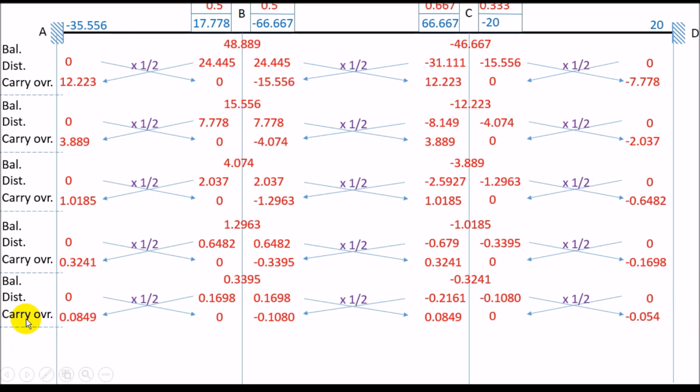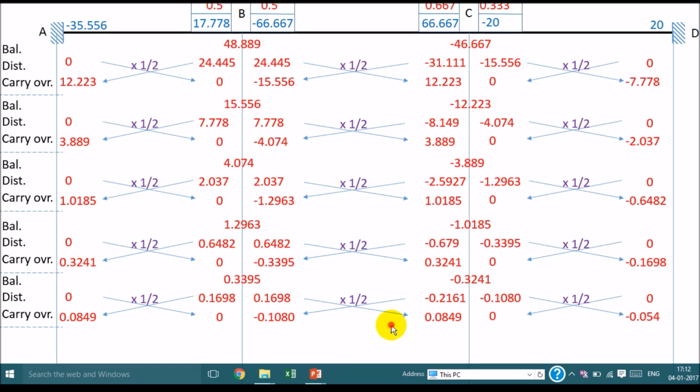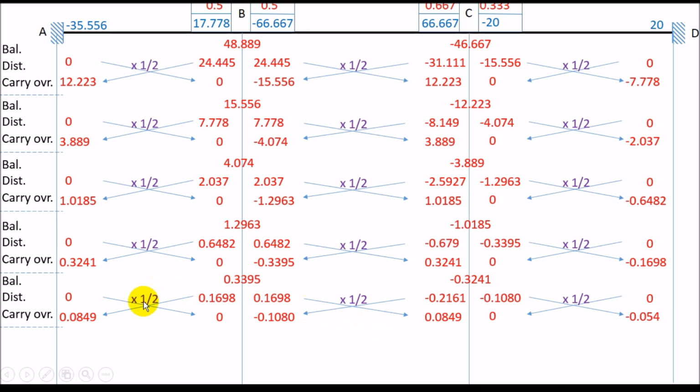You cannot end the moment distribution method at the carryover. So what I'm going to do is I'm going to do another iteration, but this time it will only be till the distribution step. Remember, always end your MDM iterations on the distribution step, never end it on the balancing step or carryover step.